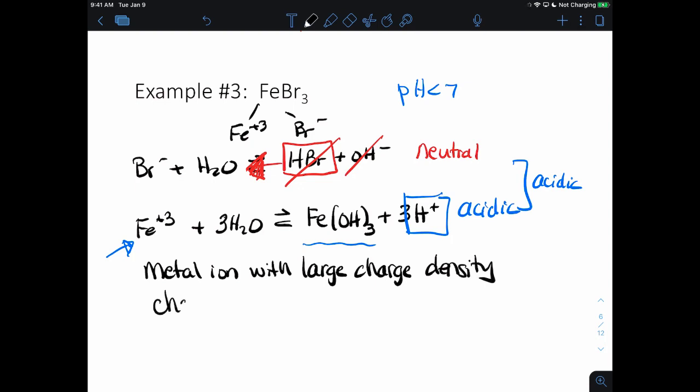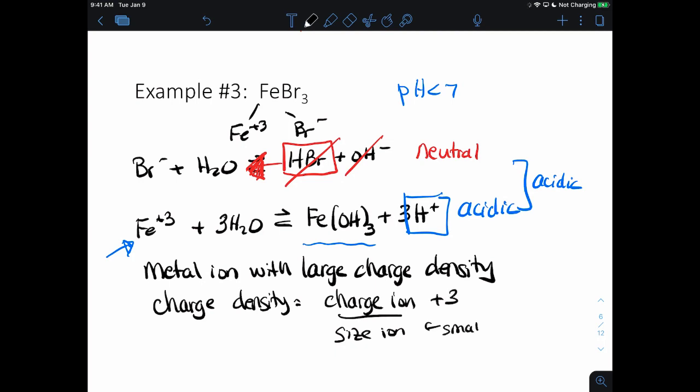So remember, charge density is the charge of the ion over the size of the ion. So Fe3 plus with its high charge, it's a plus 3. So we're looking at a plus 3 up here. And it's a relatively small size, which gives it a high charge density.